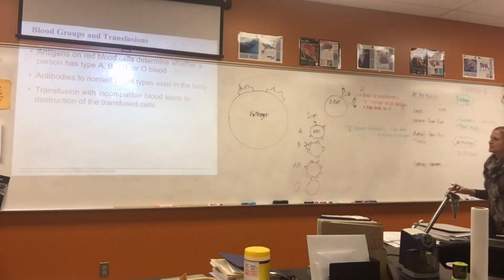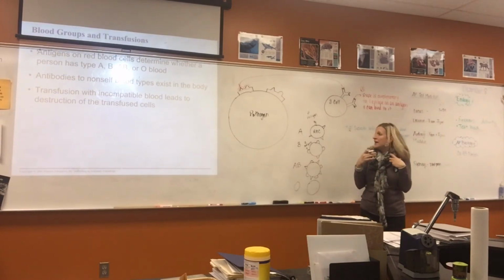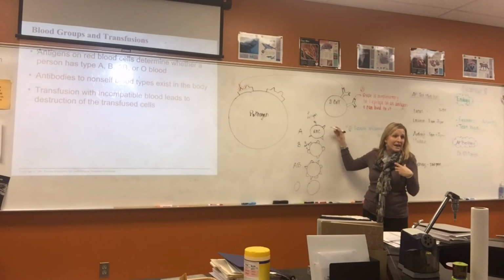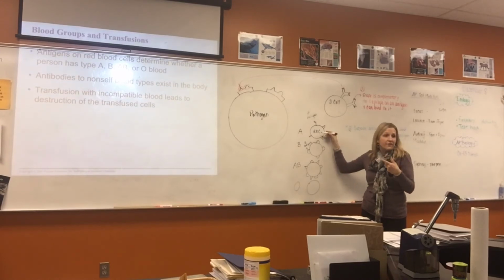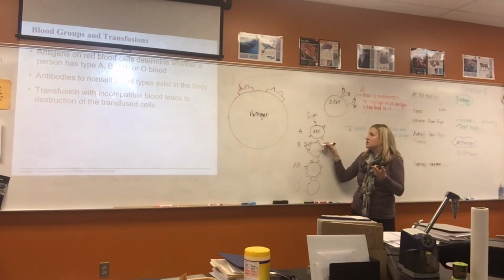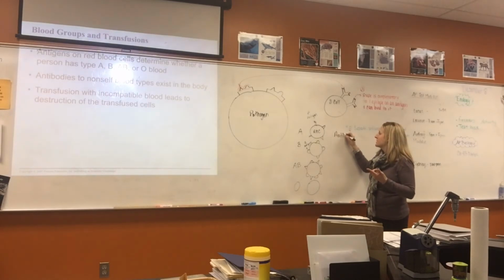So what happens is, if you are a person with A blood, what you recognize as part of yourself is A antigens. Therefore, could you put B blood into A blood people? No, they recognize it as foreign because they don't have the B antigens, they have A antigens. So people with type A blood have antibodies against B blood.